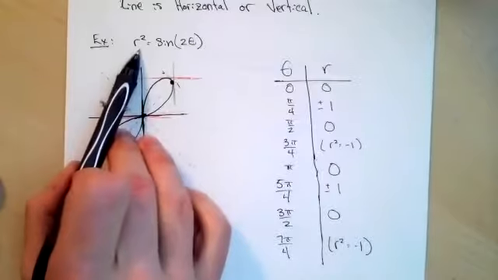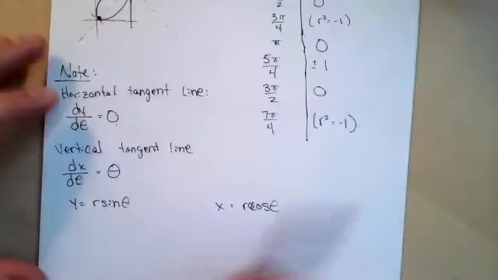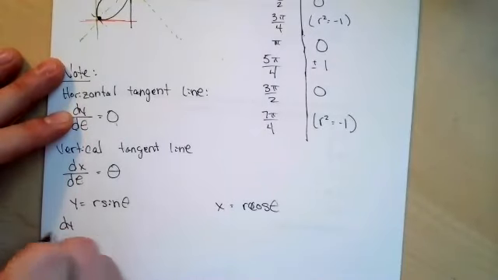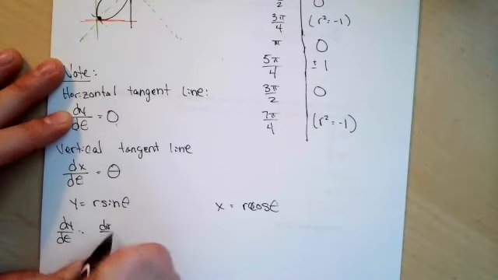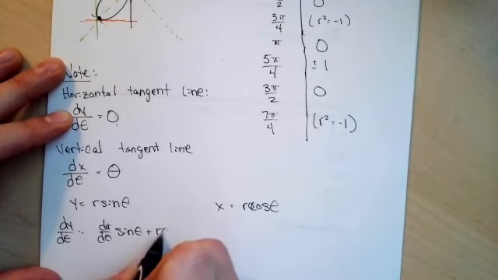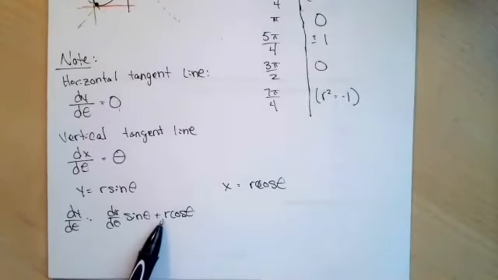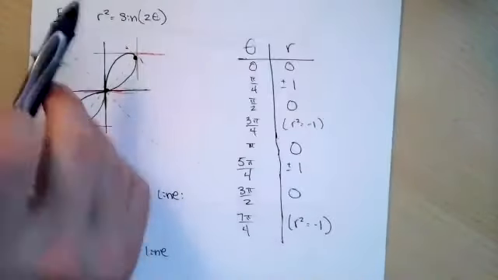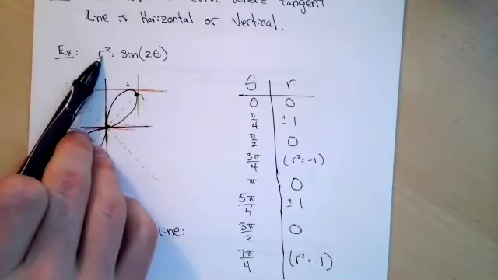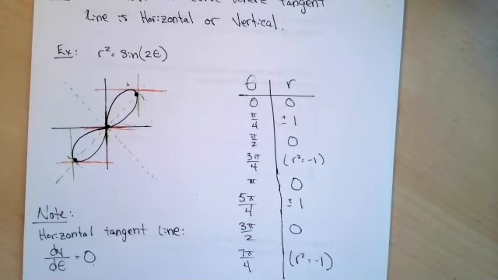I would be careful substituting in r, especially since we have an r squared. So it might be best to go ahead and solve for dy d theta, which is dr d theta sine theta plus r cosine theta. Still a little bit of a problem with the r's in there, because we can't quite solve for r. We would have a plus or minus there when we solved for r.